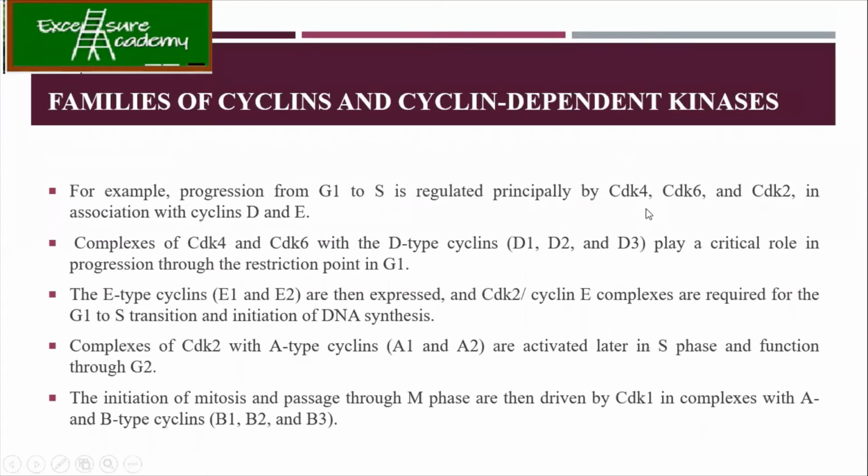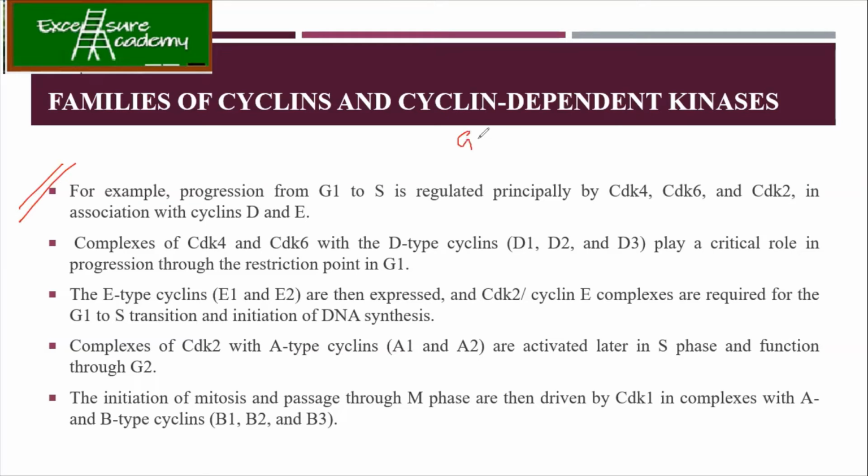Now, for example, progression from G1 to S is regulated by CDK4, 6 and 2 in association with cyclins D and E. This is something, guys, if possible, try to make a table or write it in such a way that you remember this entire slide.